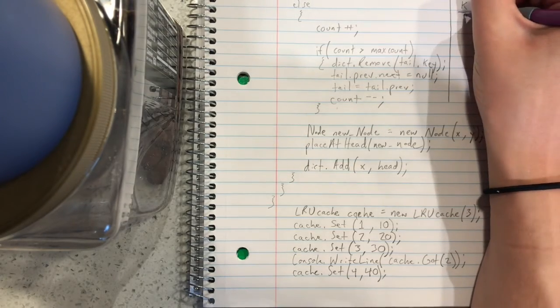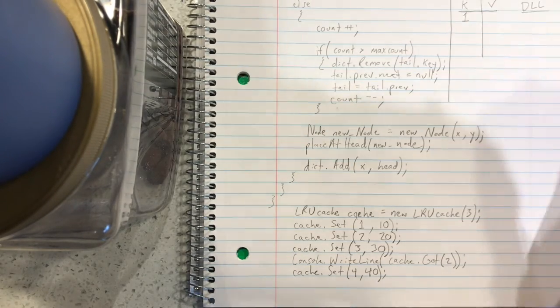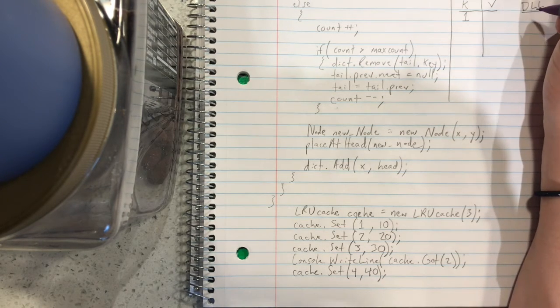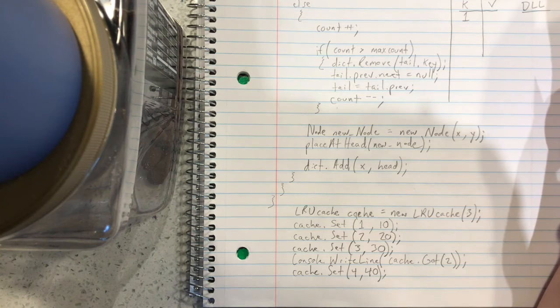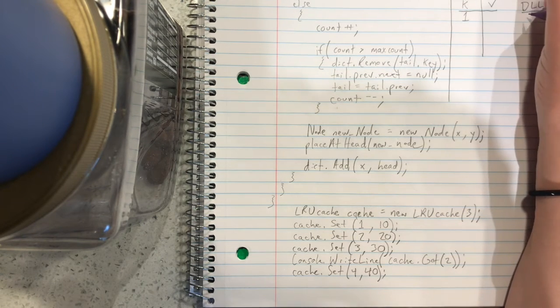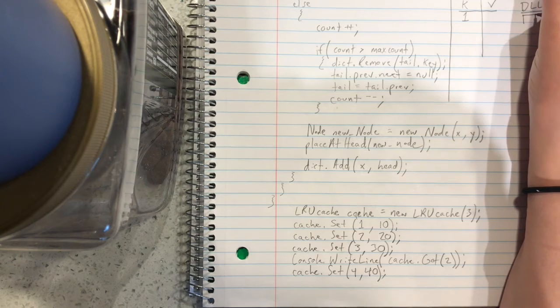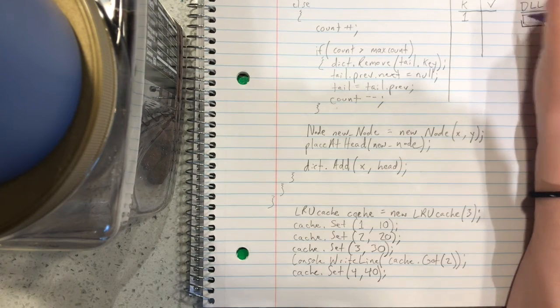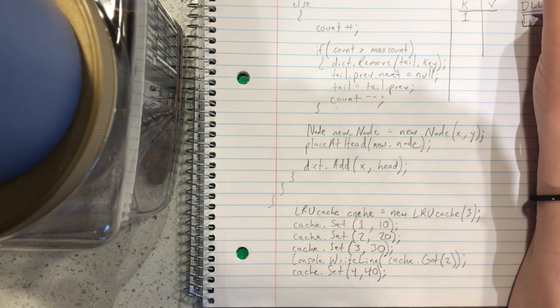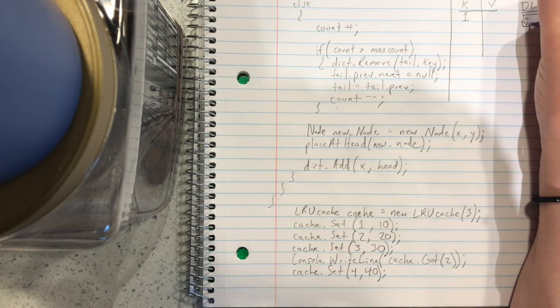and a new node is created, put at the head of the doubly linked list with, how do I draw a doubly linked list? With its key and its value.